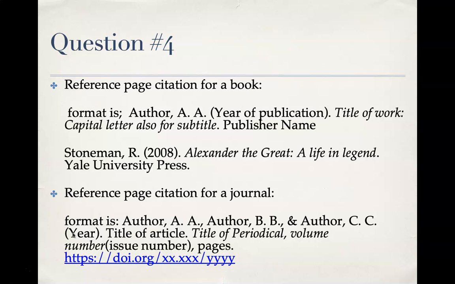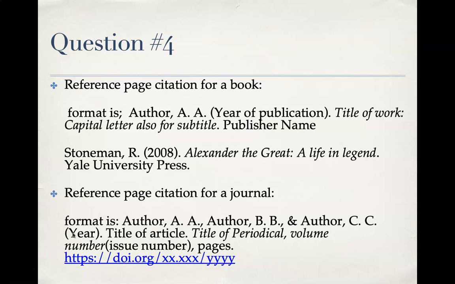You see the title of the article is not italicized. Then the title of the journal is italicized, and you put the volume number. So say it's volume 80, and then in parentheses, no space, you put the issue number, which is 3, comma, and then the pages, say 78 through 89.